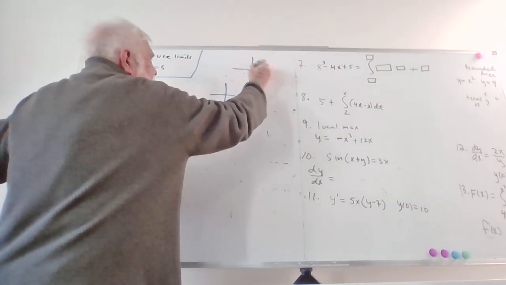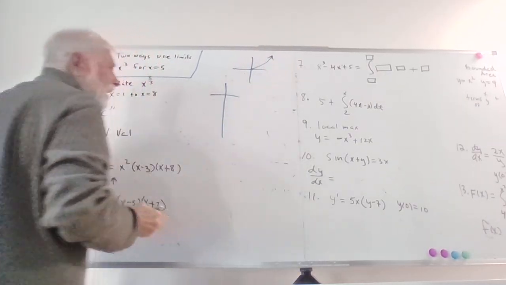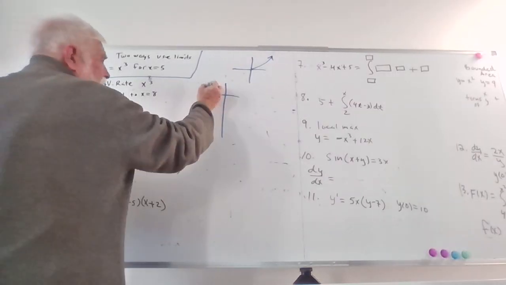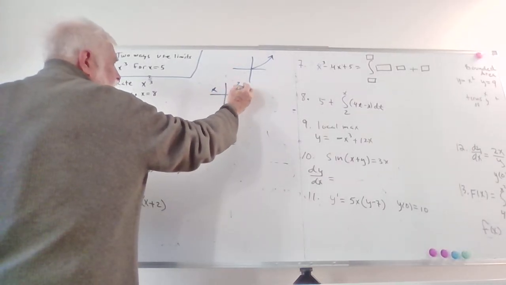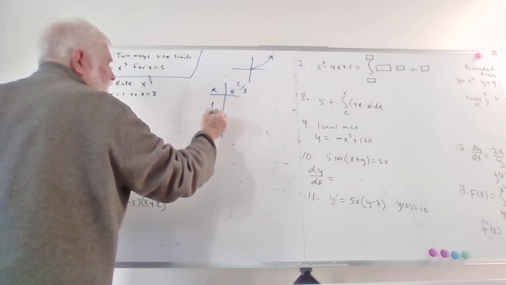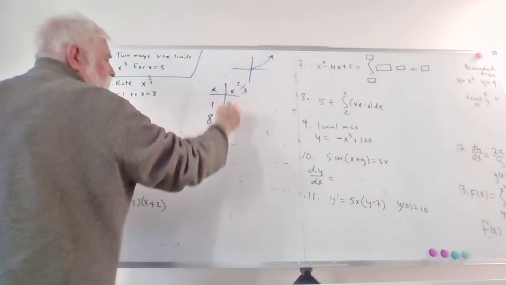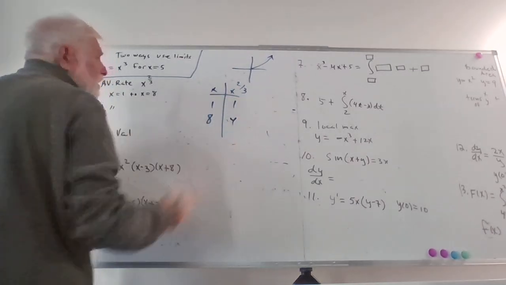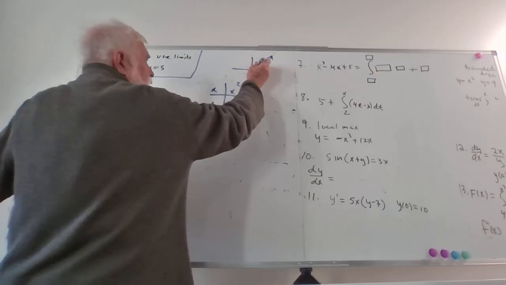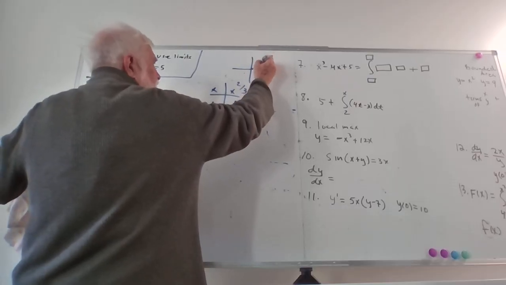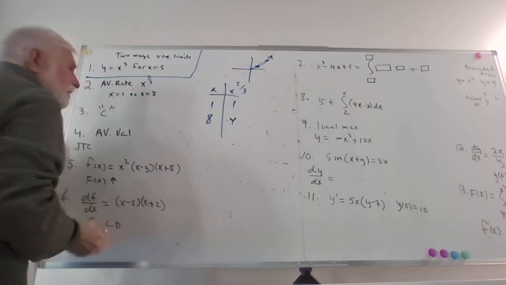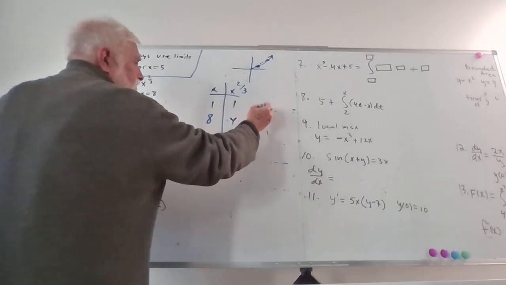Kind of looks like this. Okay, on the right-hand side, so we got x to the 2/3. We're going to go from 1 to 8. So 8, cube root of 8, 2, so that's a 4, that's a 1. So the average rate of change from 1 to 8, it's hard to draw that, is 3 to 7.